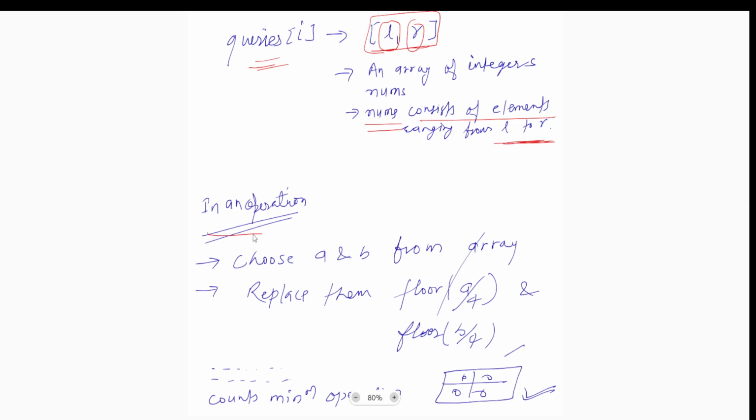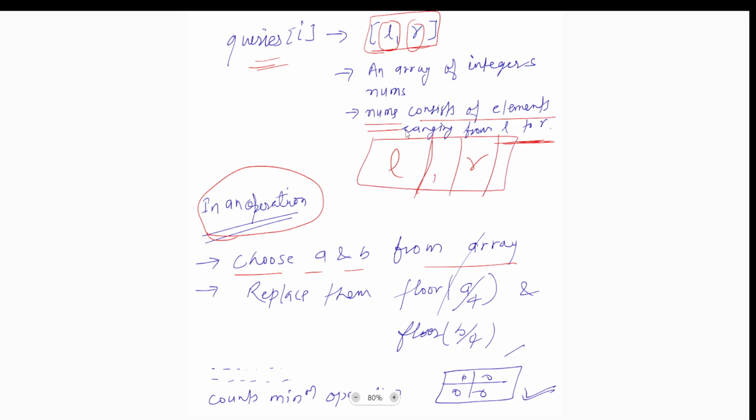In each operation, you choose A and B from the array elements. Let's suppose there are some elements starting from L and going to R, both inclusive, so many elements will be there. From there you have to take two elements, A and B, and then replace them by their floor value, say a divided by 4 and b divided by 4, floored.